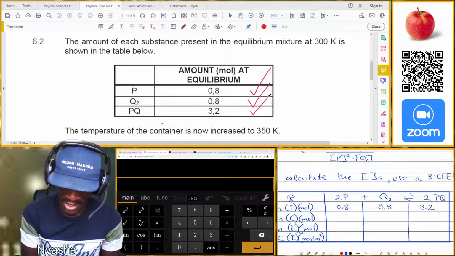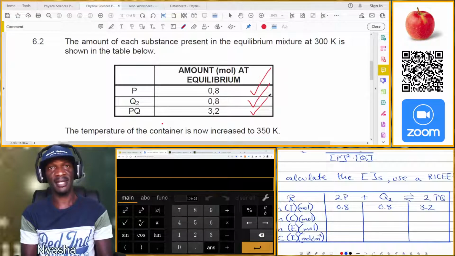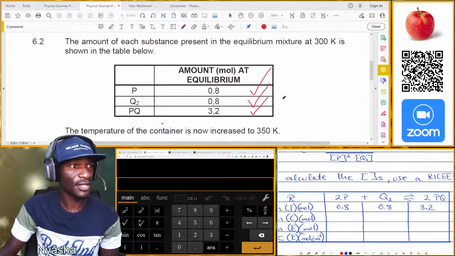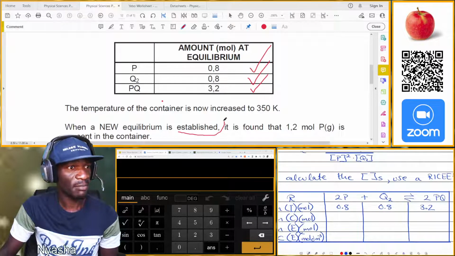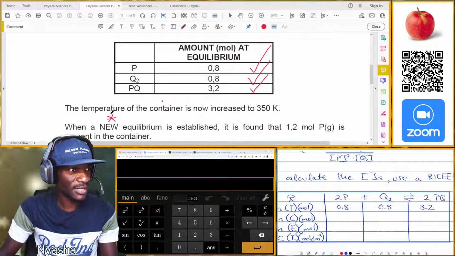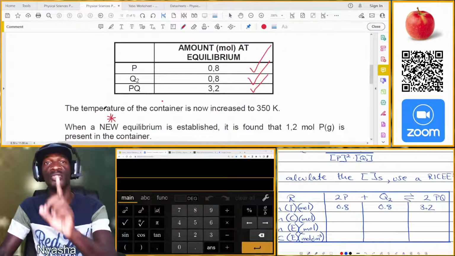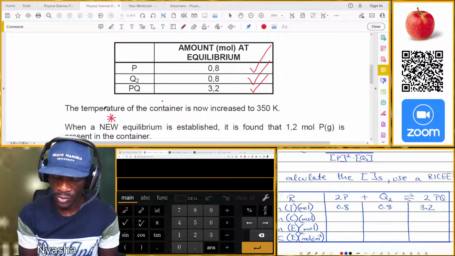What is the change in the number of moles when this process is taking place? They tell us here that when a new equilibrium is established. So this is very important. Why are they saying new? Because all our changes are going to start from 0.8.